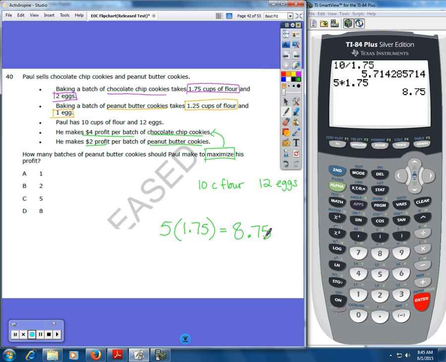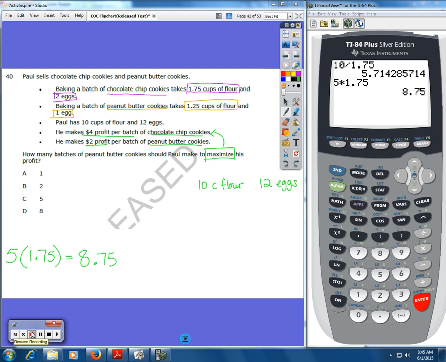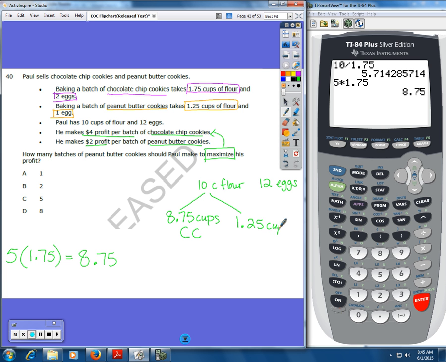Okay, so if he uses 8.75 cups for chocolate chip cookies, then he's going to have 1.25 cups left over for the peanut butter cookies. Okay, now let's look at the eggs.